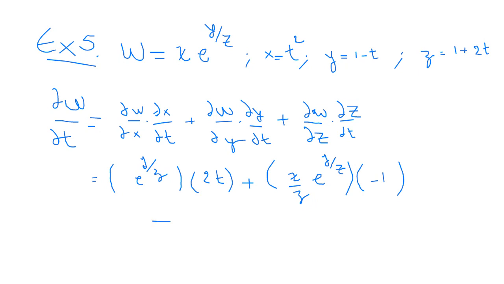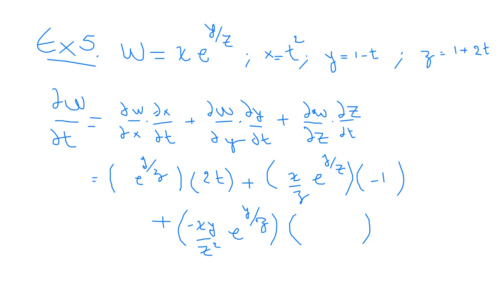Yes. Finally, I will add the derivative with respect to z times the derivative of z with respect to t. Let's be careful here: z is in the denominator in the exponential. The derivative with respect to z would be minus y over z squared, so you get minus xy over z squared times e to the y over z. Is that clear?